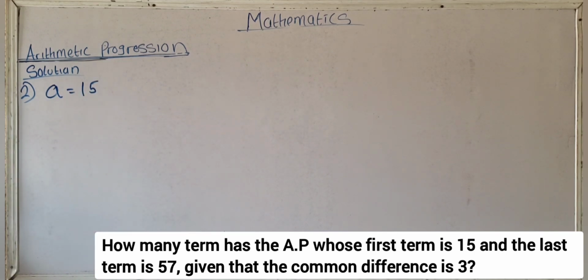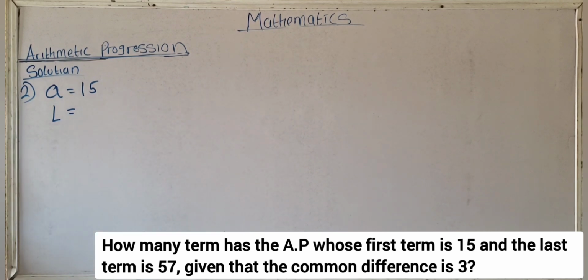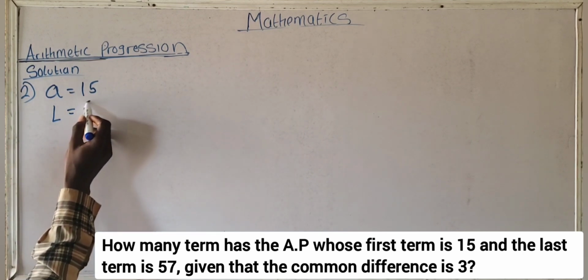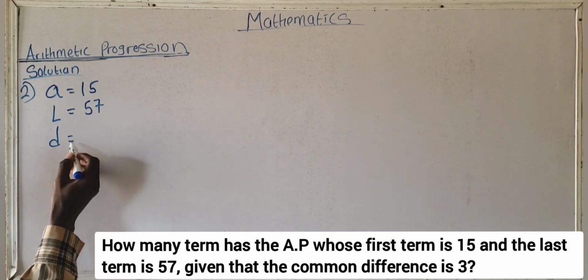And the last term is 57. Let us represent the last term as L. So L equals 57. And the common difference is 3.